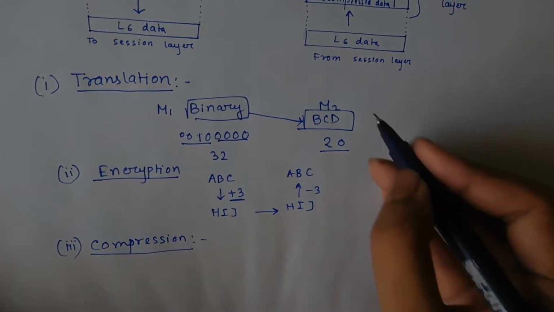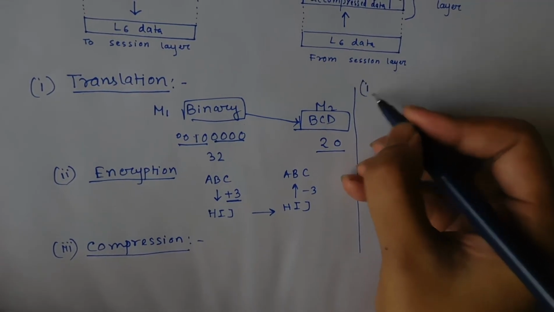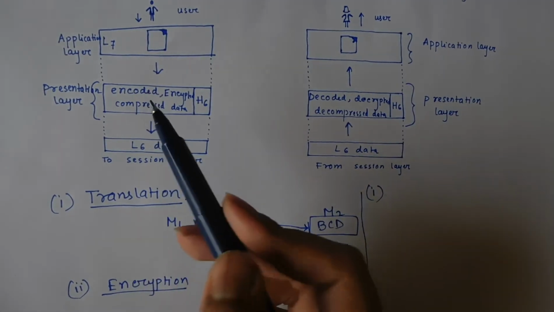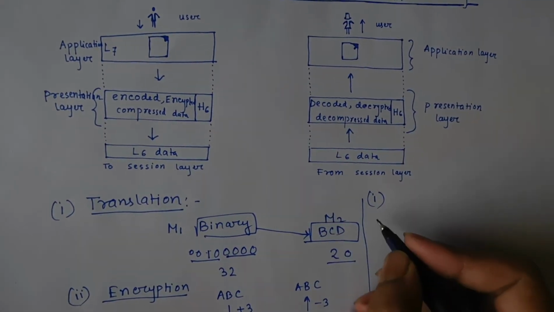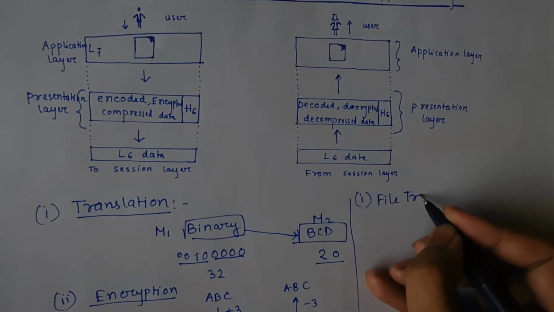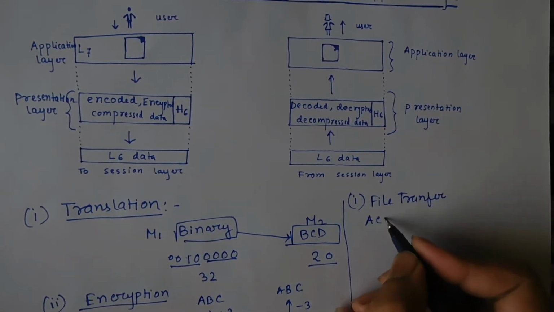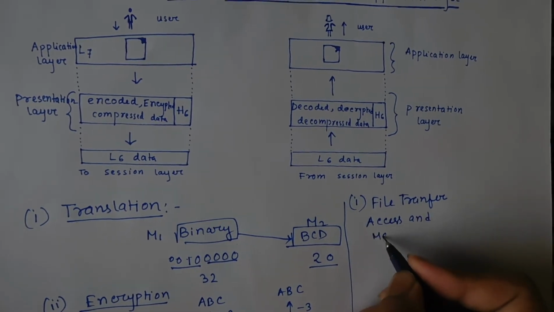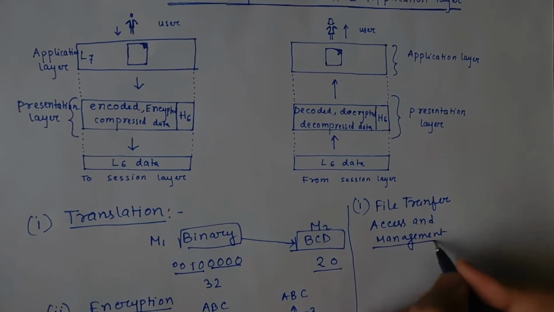Now we discuss the functions of application layer. This is the application layer, meaning the user portion. When we send a mail or a file, the first function is file transfer, access and management. This is a function of application layer.